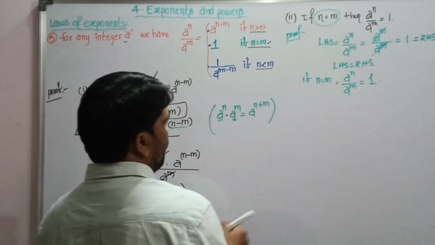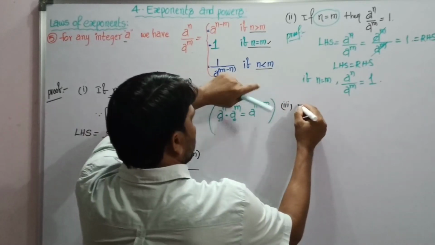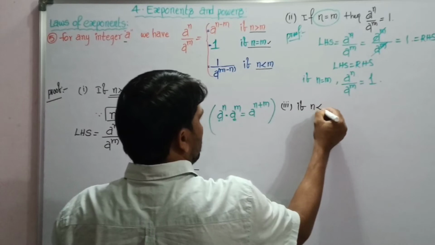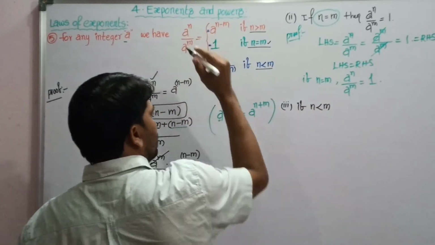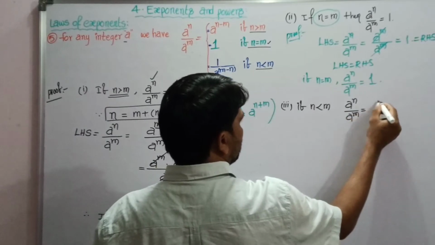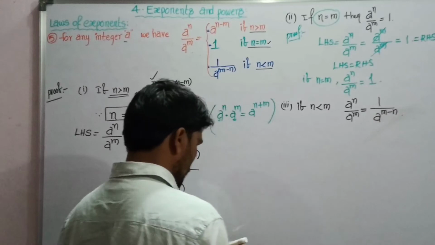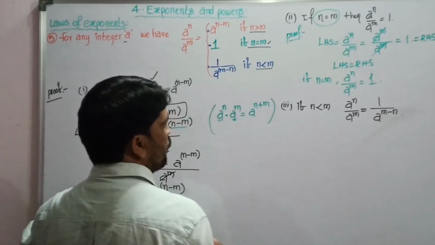That is, if n is equal to m, a power n over a power m, the expression value, equals 1. Next, third case, case 3. That is, if n is less than m, then the expression value a power n by a power m is equal to 1 by a power m minus n. Let us provide the proof.